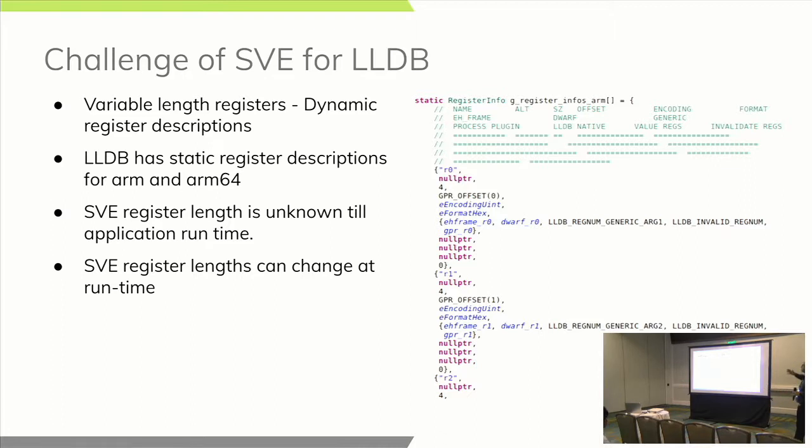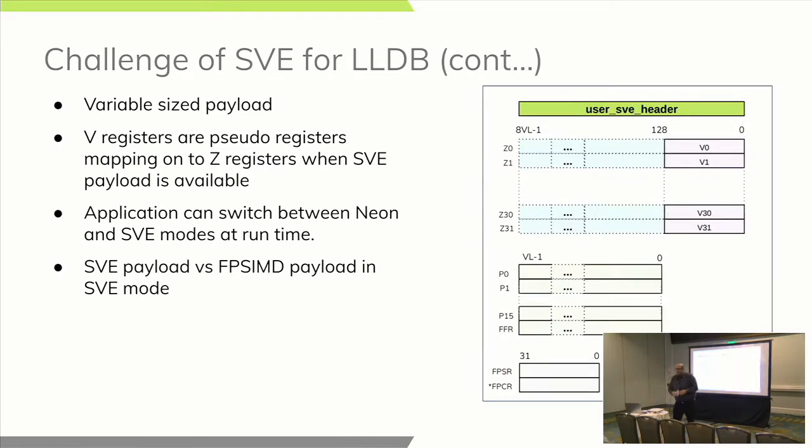And the V register has a pseudo meaning in SVE. So in the case of SVE, our V register becomes a pseudo register, so we need to change that dynamically as well. And in the case of AArch64, the V register becomes the main register.